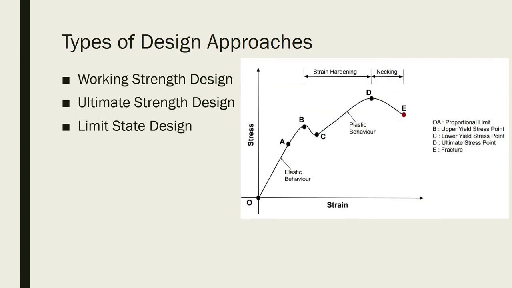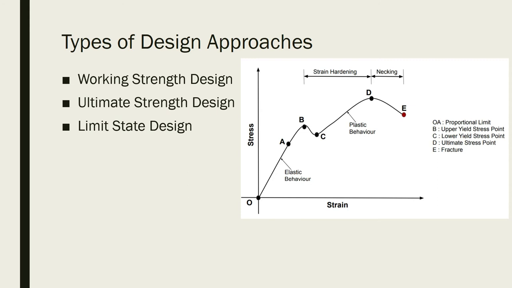All these three methods of design are more or less related to this particular graph. I think this graph is familiar to you. It is the stress strain graph, and you can see that OA is the elastic region, and from A to E this is the plastic region.